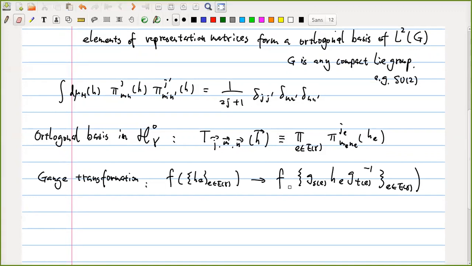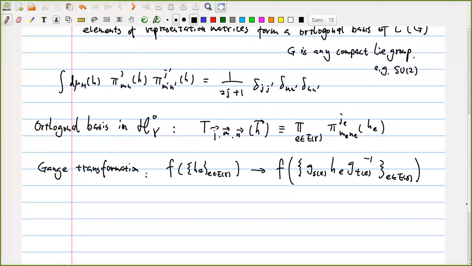So this is just the gauge transformation of wave functions. But here you can see that all the gauge transformations are at vertices. So gauge transformation in loop quantum gravity on the lattice acts only at vertices.